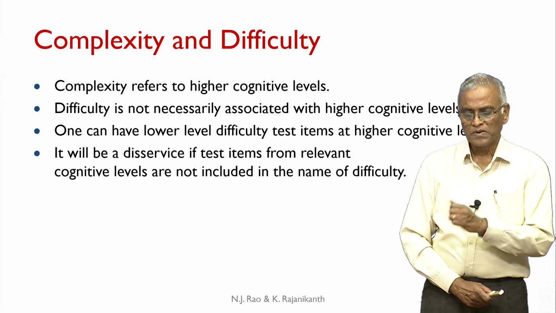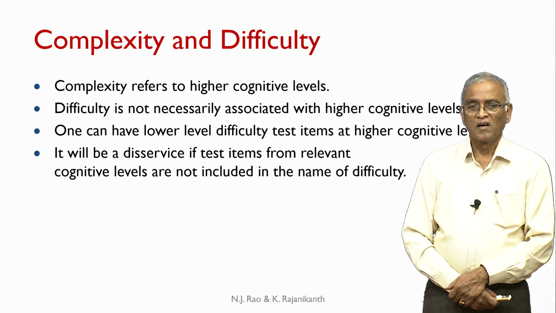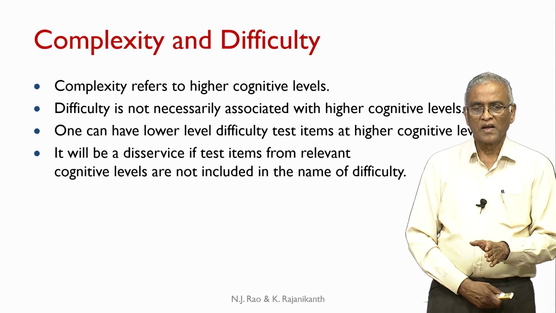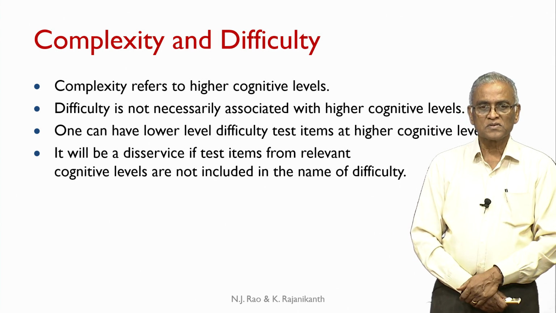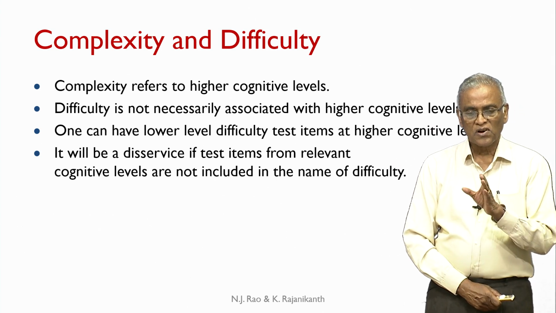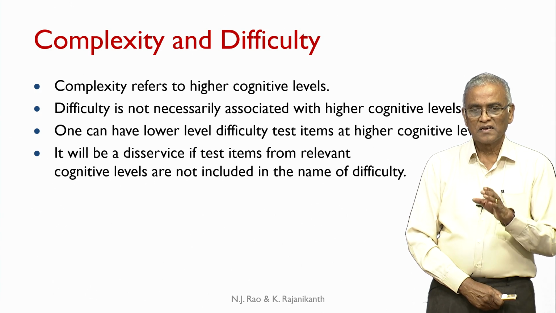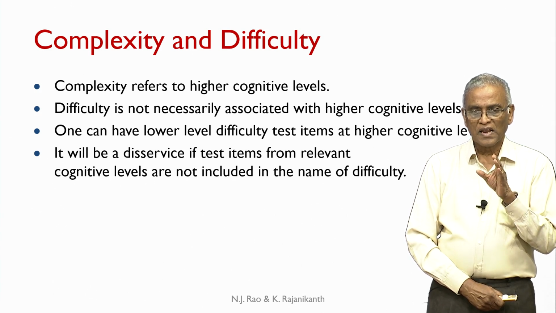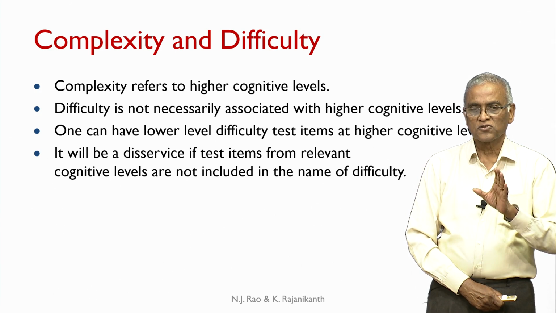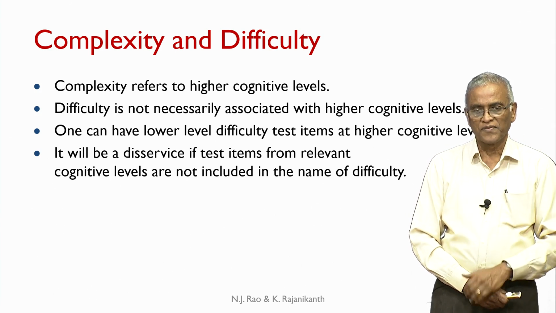So, they should not be misunderstood and should not be interchangeably used. So, we strongly plead with the faculty that the relevant cognitive levels should not be excluded in the name of difficulty.